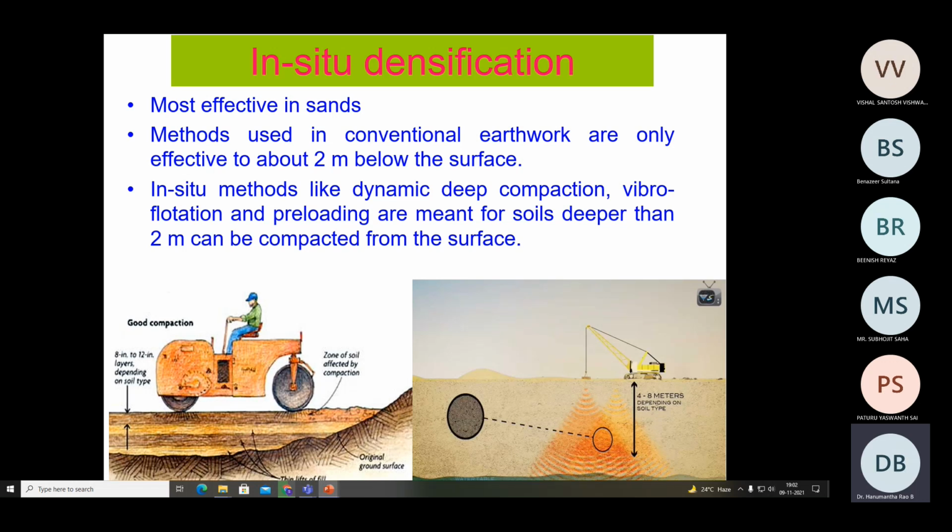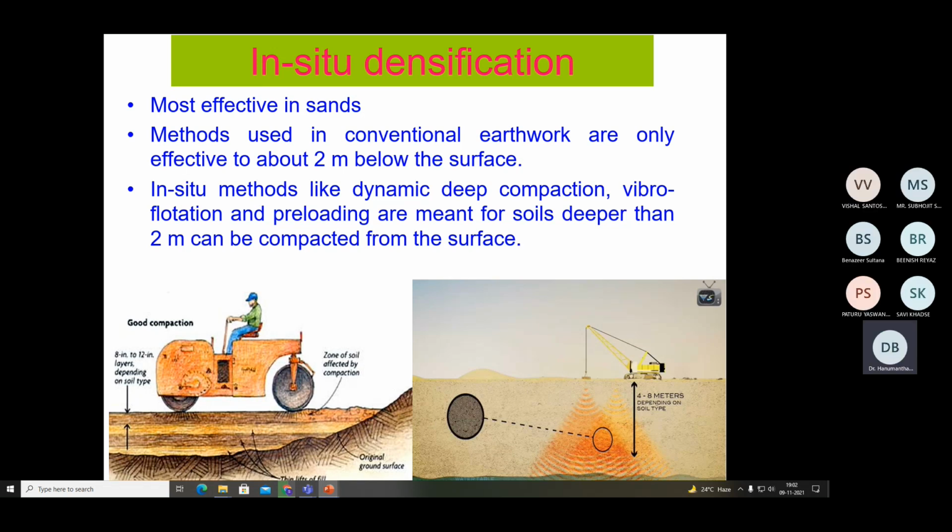But the limitation of the standard or modified Proctor compaction is that we cannot densify soils of a greater thickness in a given pass. We can densify a 1 foot soil layer, that's it. Of course, you can make any number of layers if the amount of construction is less.